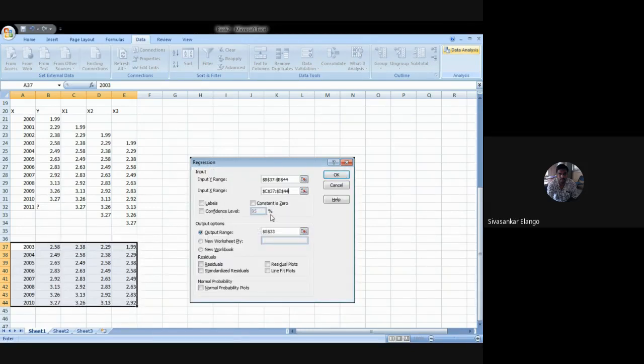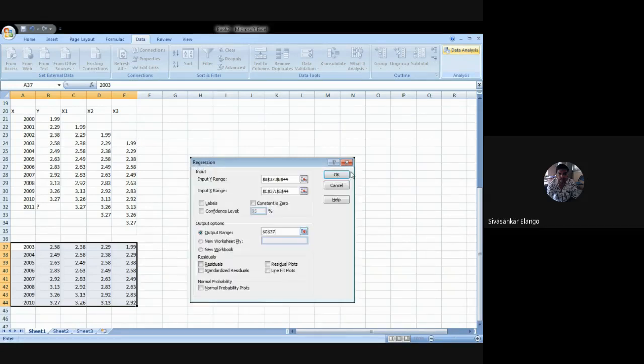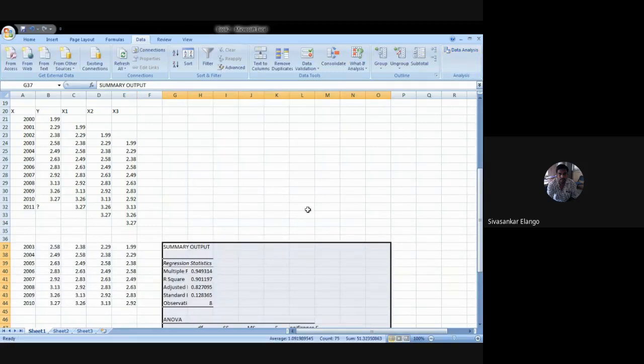The confidence level is going to be 95%, right? And the output range is going to be G37, right? So we are going to plot the values.